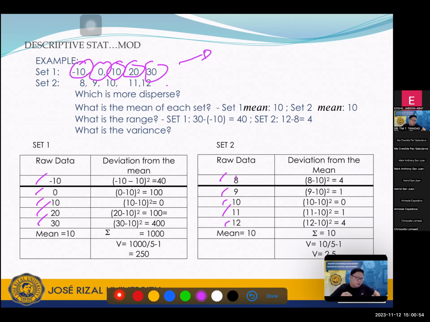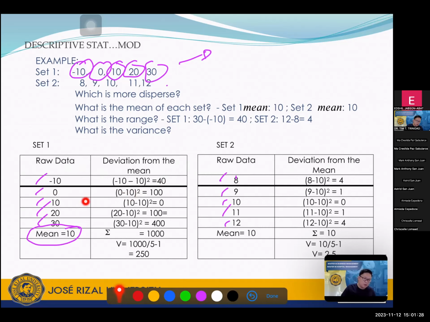Okay. So first thing that you do is you list them down. Second is you get the mean of your data set. So minus 10, 0, 10, 20, 30 divided by 5. So your mean will be 10. The second step is you get the mean and subtract it from the individual data. So your negative 10 minus the mean, squared, equals 400. So 0 minus the mean, squared, is 100. 10 minus the mean, squared, is 0.